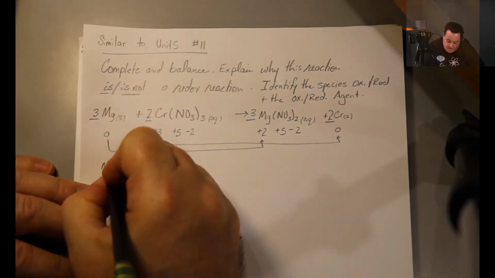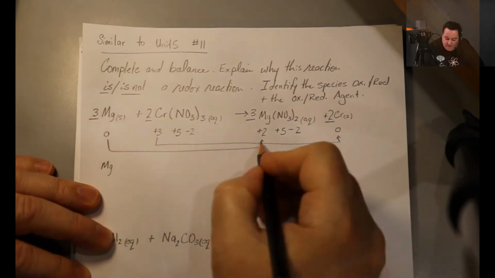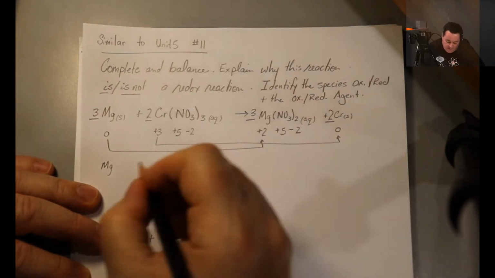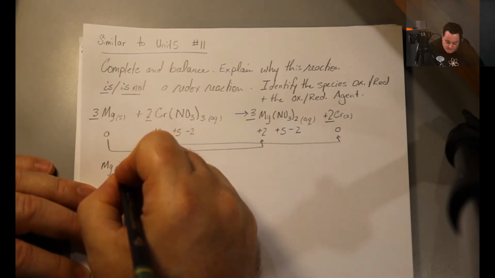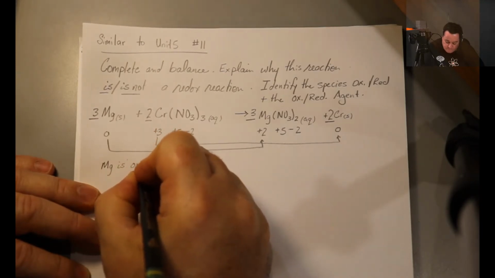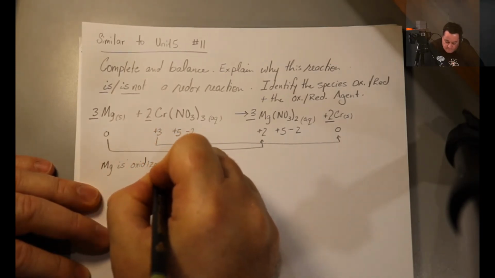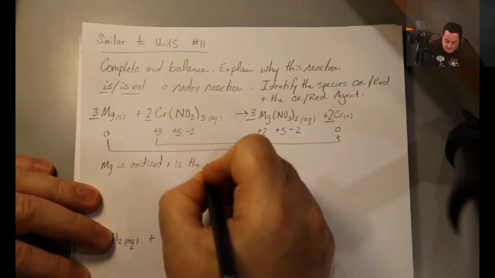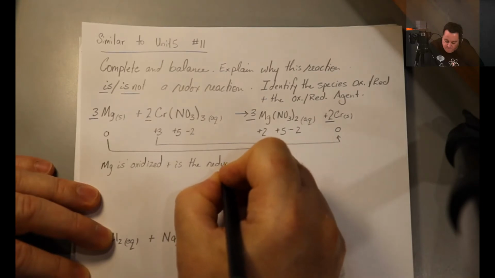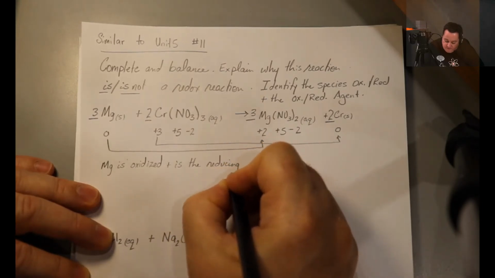So magnesium has its oxidation number increase, so magnesium is oxidized, and is the reducing agent.